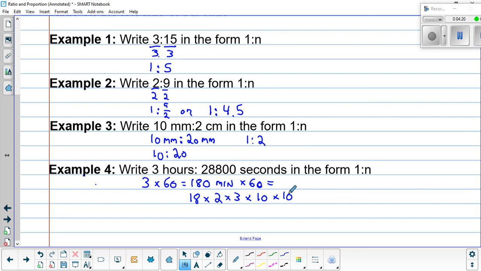I'm getting rid of that 0 on both the 180 and the 60. That's where I get the 10 times 10 at the end. The 2 times 3 is 6, and I have 18. So if I do 18 times 2, I find that's 36, times by 3. So 3 times 3 is 9, and 90 and 18 is going to be 108. So altogether, that's 108, and we're timesing by 100, so we get 10800. Okay.